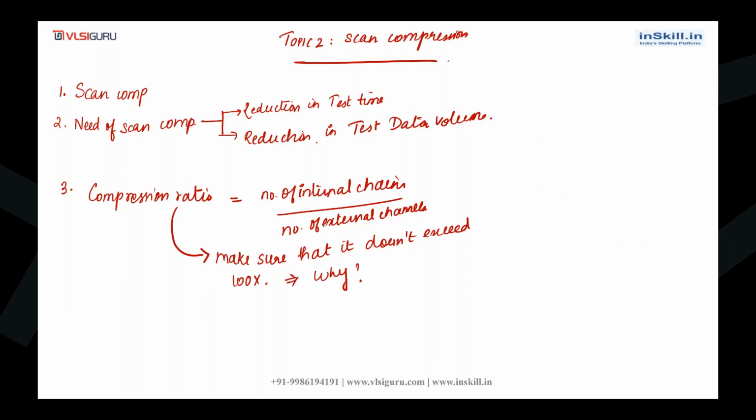What problems will it cause if the compression ratio exceeds 100x? We'll try to explore it during our course. We will also explore the merits and demerits of high and low compression ratio.